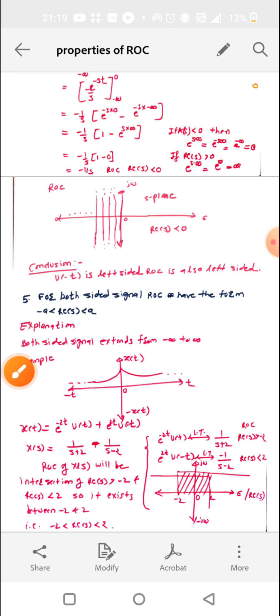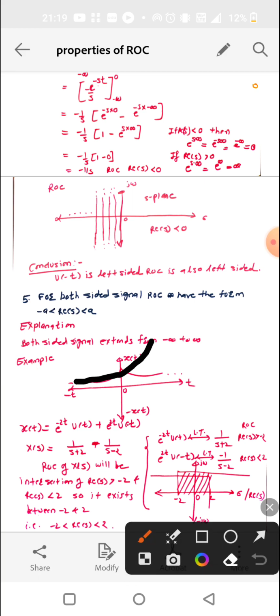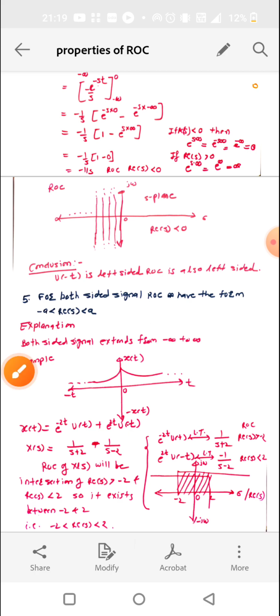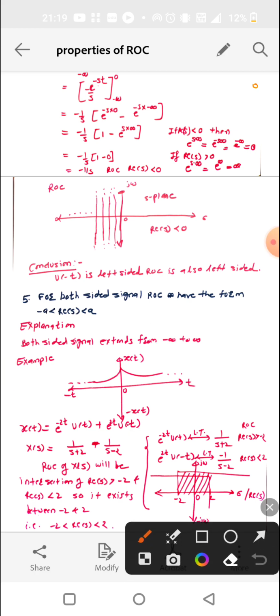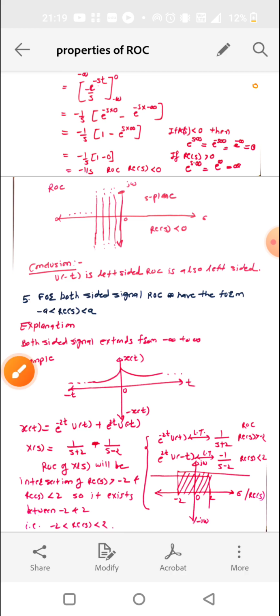Now this is e raised to 2t. If e raised to 2t is multiplied with u(minus t), this part will be cancelled and you will get only this part.